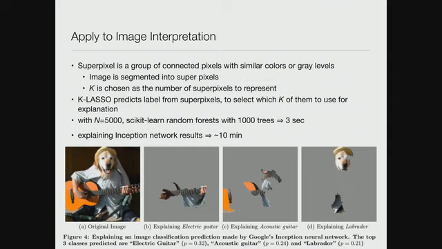This is one of these labeling tasks where you'd like to label this picture as a Labrador or maybe as an acoustic guitar, but some labels also decide that it's an electric guitar. And so they say, well, what counts in favor of or against each of these? And the approach they take is a relatively straightforward one.